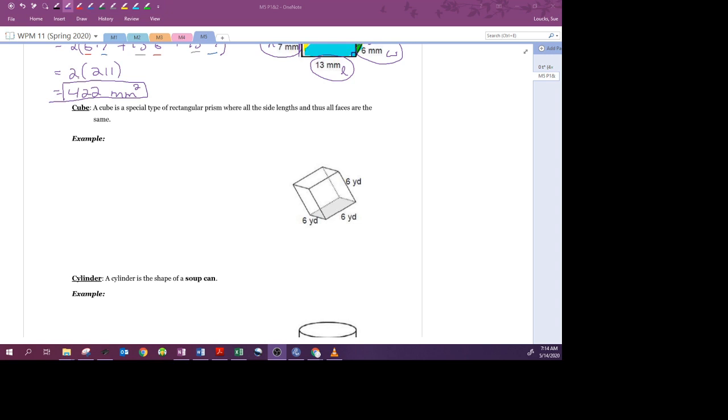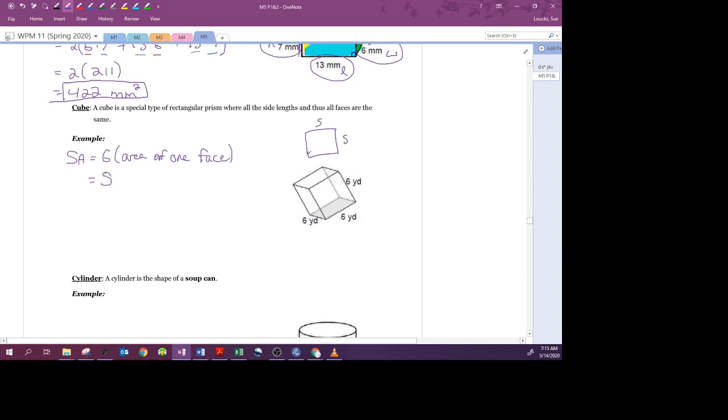Or you can do the surface area is 6 times the area of one face. This is different than is in your notes, I will tell you. And since each face is a square, the area of the face is side times side.